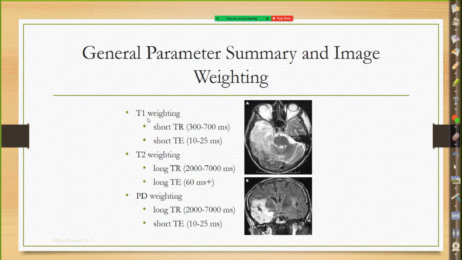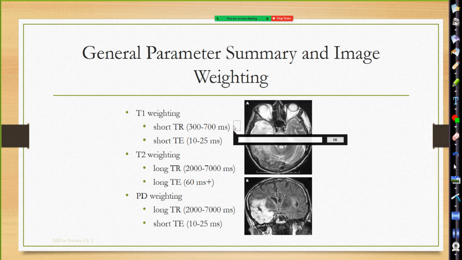So for a T1 weighted image, we select a short TR to highlight T1 contrast. Okay. We select a short TE.